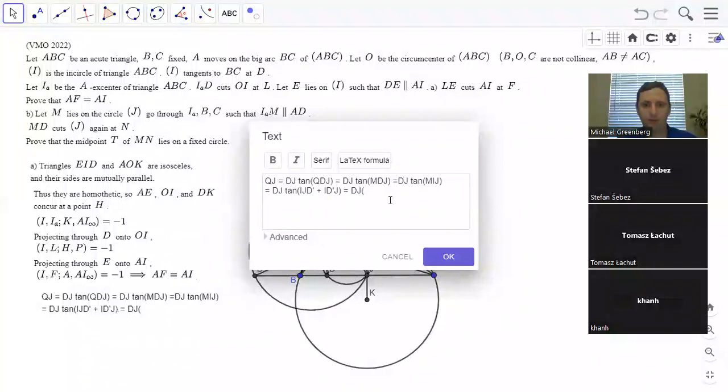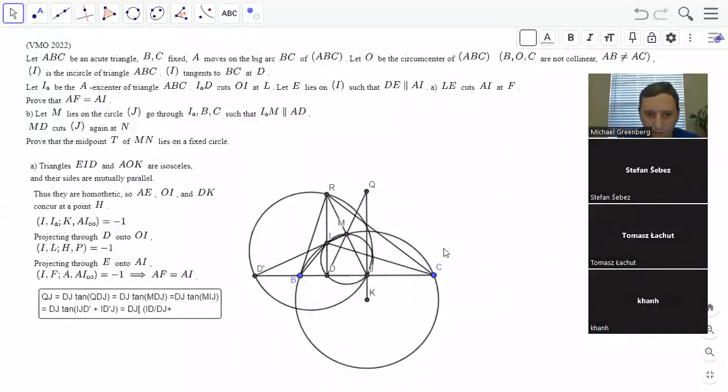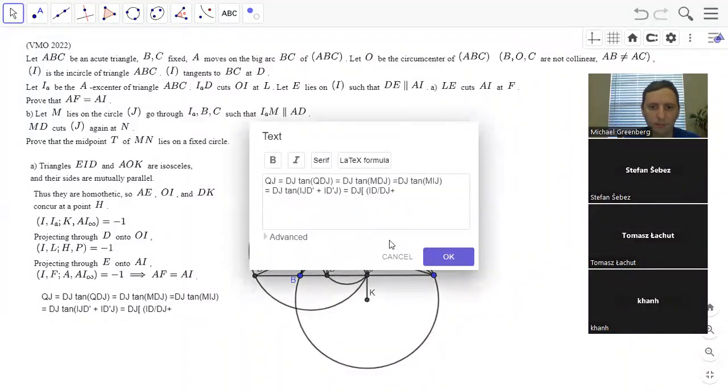So I'm using the formula for tangent. So ID over DJ plus ID over DD prime.